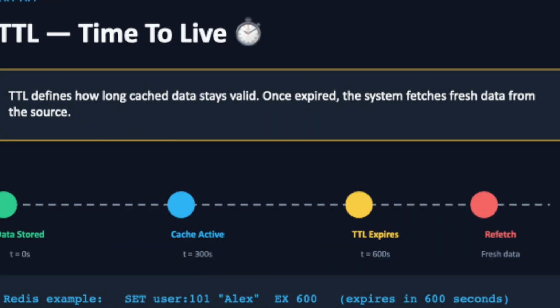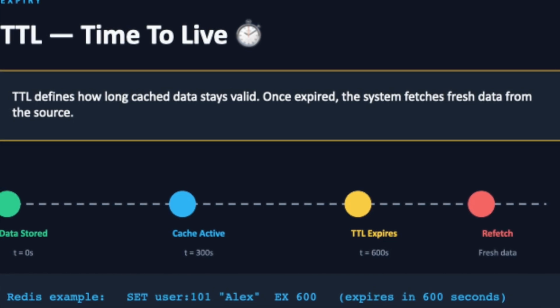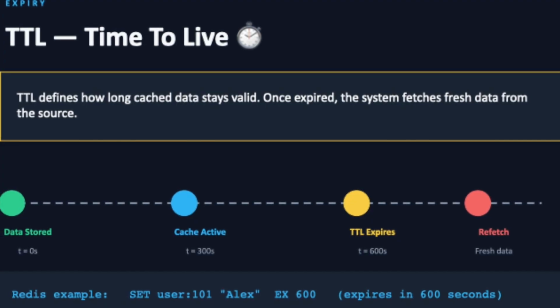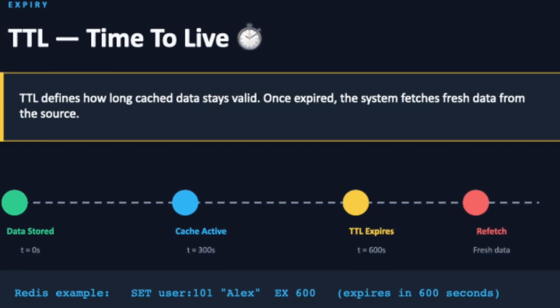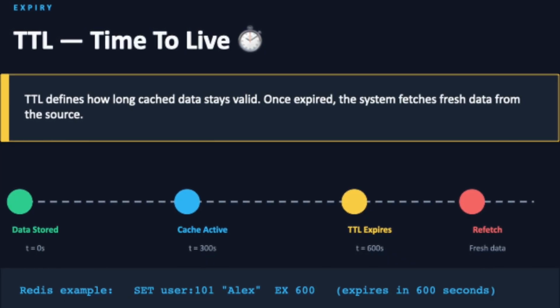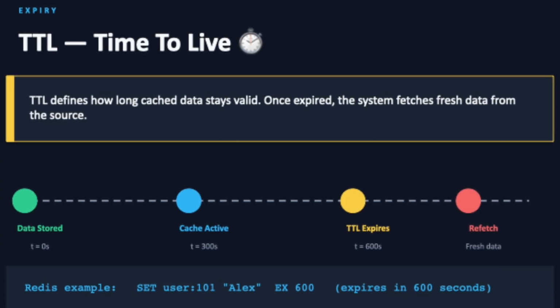Cache cannot store data forever. If it did, users would keep getting old, outdated data that would cause serious bugs. This is where TTL, time to live, comes in. TTL defines how long a cached item stays valid. Once it expires, the system automatically goes back to the source and fetches fresh data.